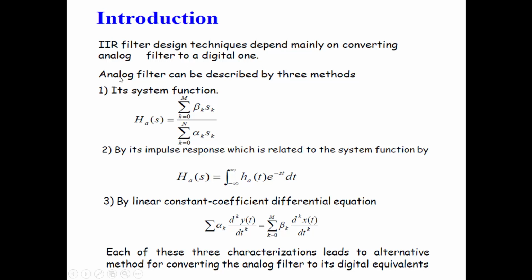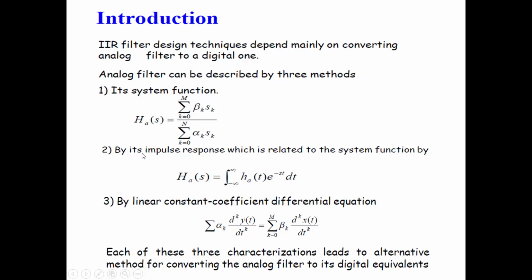Now let's look at the analog filters, which can be described by three methods. The first method is by its system function. The system function H(s) expressed in the S domain is given by the ratio of two polynomials expressed in S domain, right?